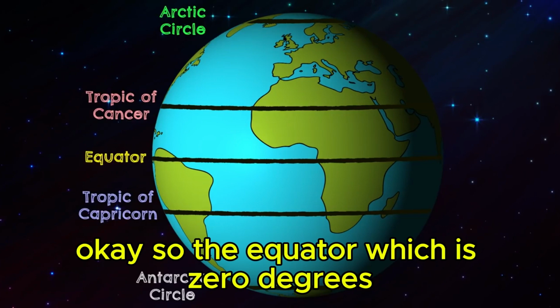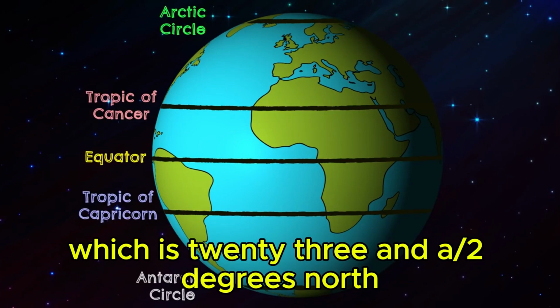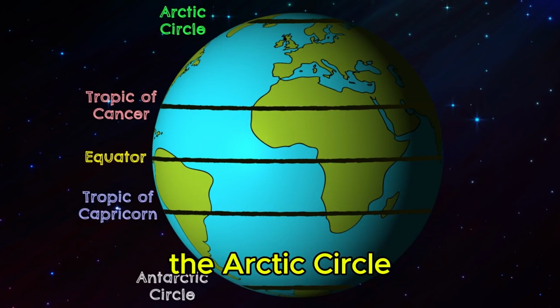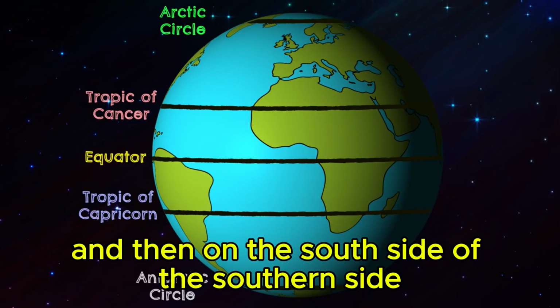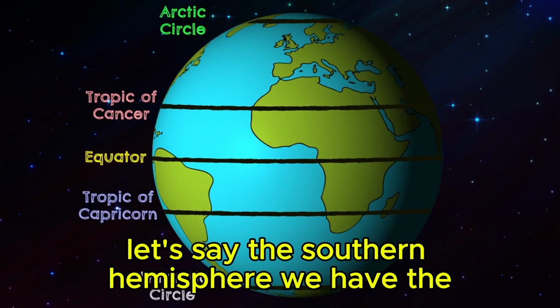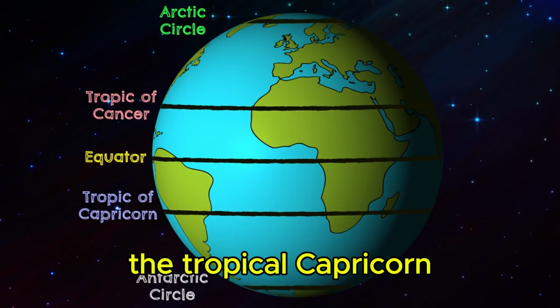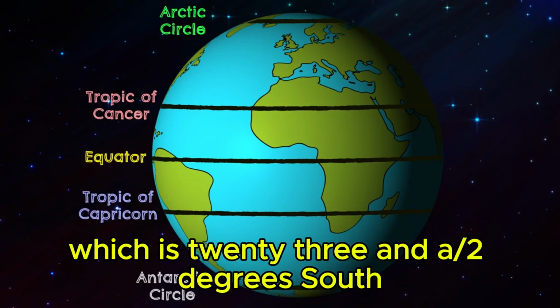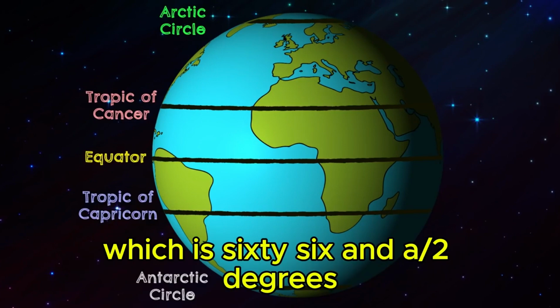Okay, so the equator, which is 0 degrees, the Tropic of Cancer, which is 23.5 degrees north, the Arctic Circle, which is 66.5 degrees north, and then on the southern side, we have the Tropic of Capricorn, which is 23.5 degrees south, sorry, and the Antarctic Circle, which is 66.5 degrees south.